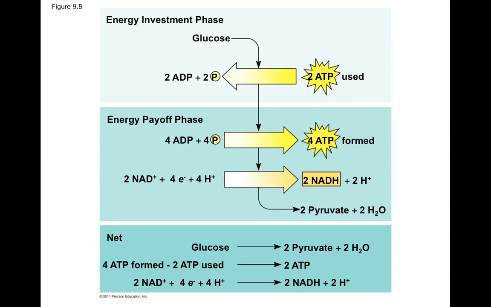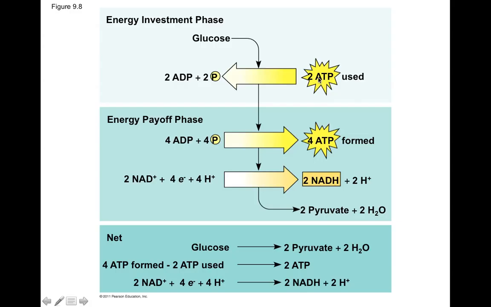Okay, so this is another one of these slides which I would call very important. It summarizes a lot of information, which I'm going to tell you about all of the steps in glycolysis. But here's our energy investment phase. We start off with glucose, and then we need to expend 2 molecules of ATP. So that's the energy investment.